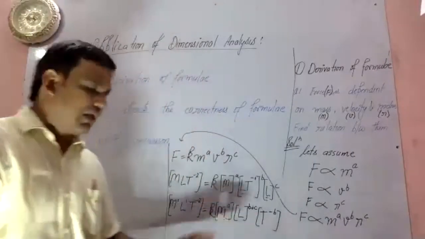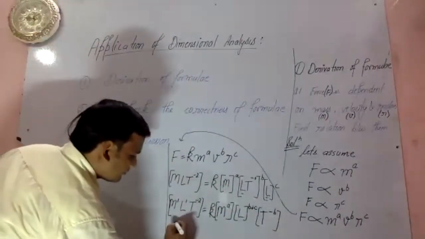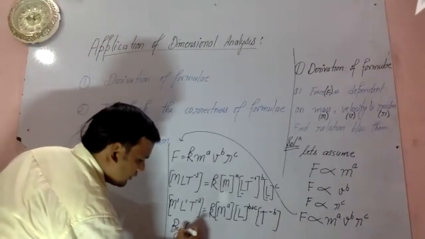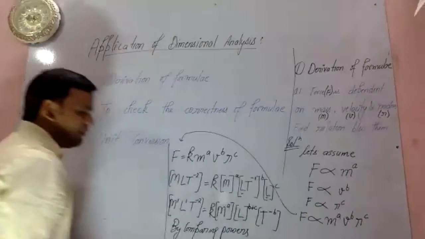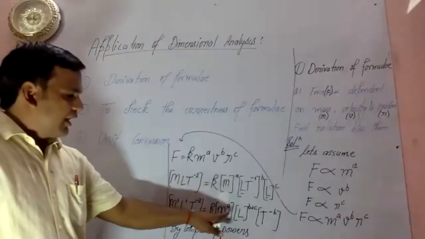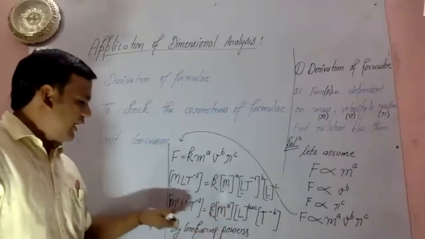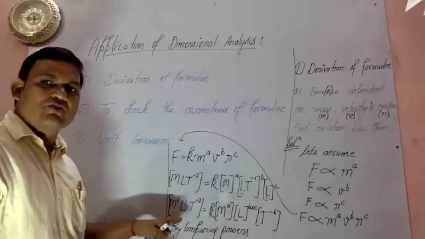So by comparing powers, A is equal to 1, because M to the power A is here and M to the power 1 is here.